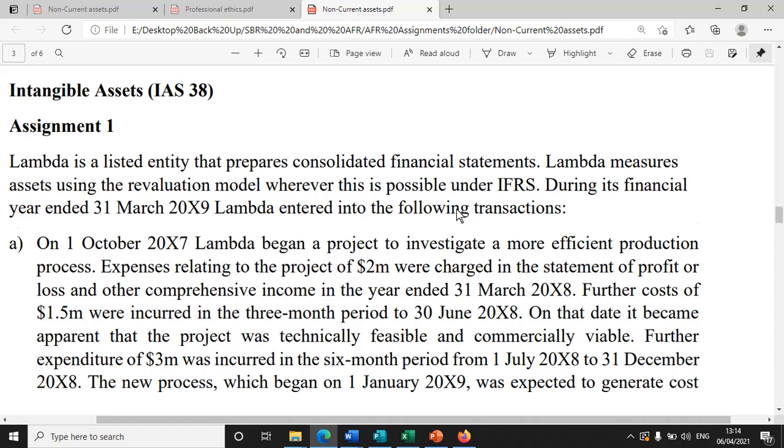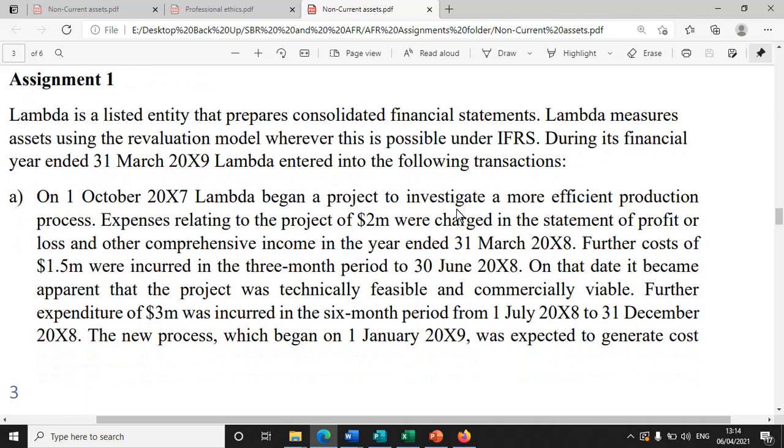A says, on 1st October, meaning 6 months before the end, Lambda began a project to investigate a more efficient production process. Expenses relating to the project of 2 million were charged in the statement of profit or loss and other comprehensive income for that year, 31st March 20X8, which is outside our focus.